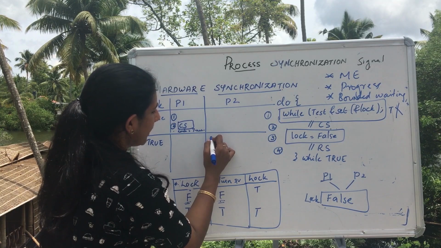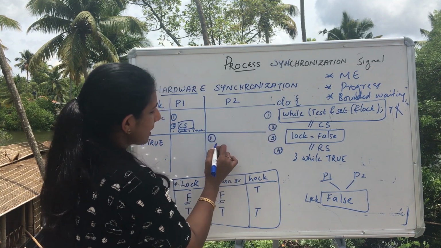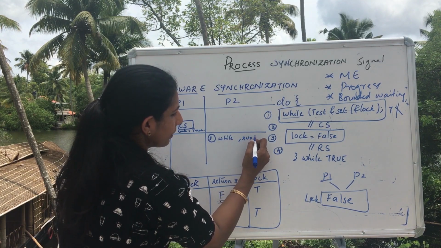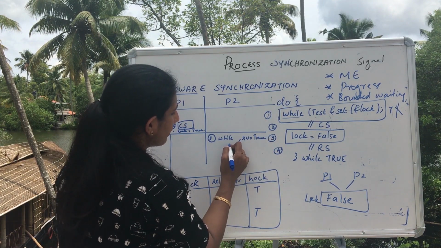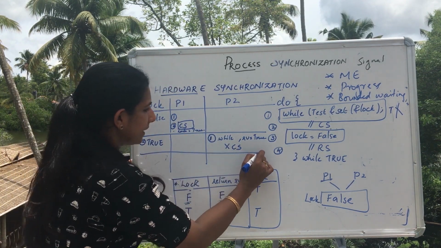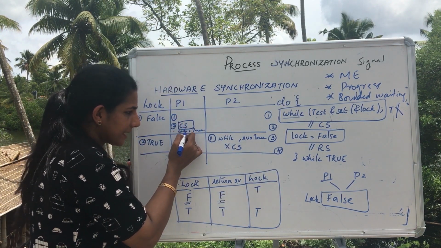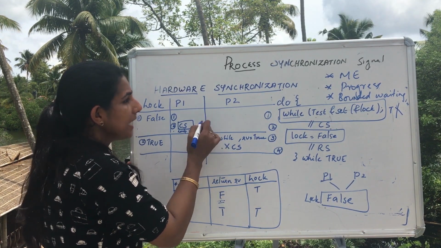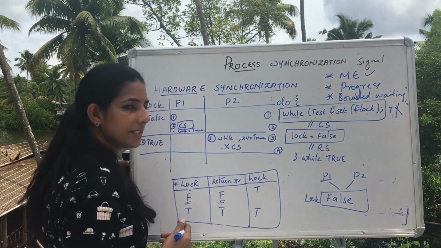So P2 runs the first step, the while condition, and the return value is true, hence it will be blocked from entering into the critical section. So what we have seen here is, when P1 is accessing the critical section, P2 is blocked from entry. Thus mutual exclusion is maintained.